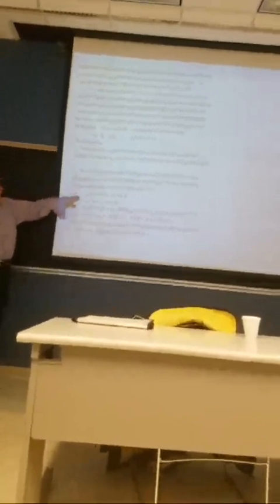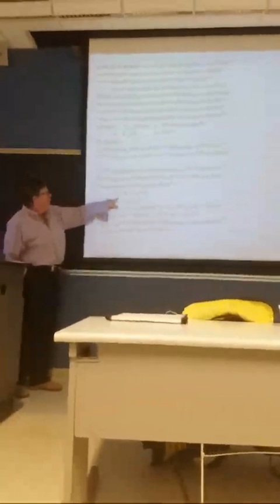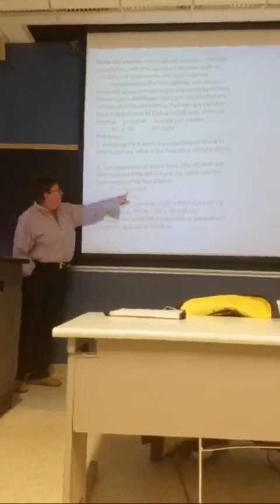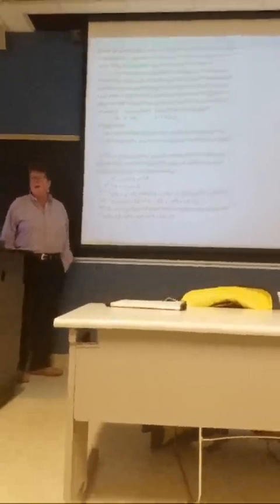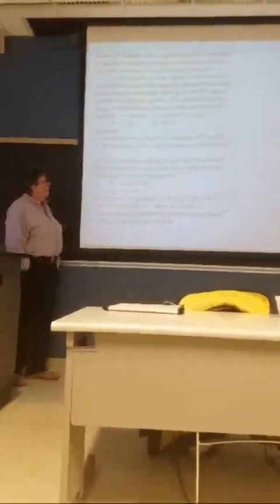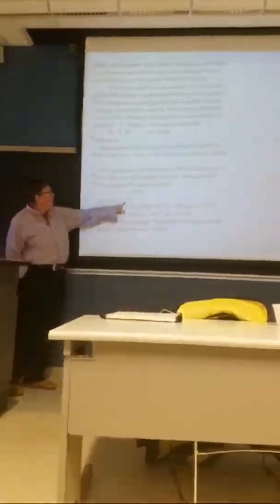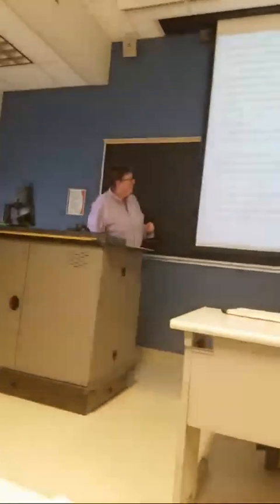What are the frequencies of the 2 alleles? Well, this really should be a small q. q squared is equal to 0.16. Square root, okay, q is equal to 0.4, right? And then p plus q equals 1, so p is equal to 0.6. So that's pretty simple.